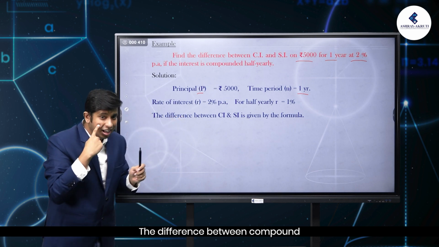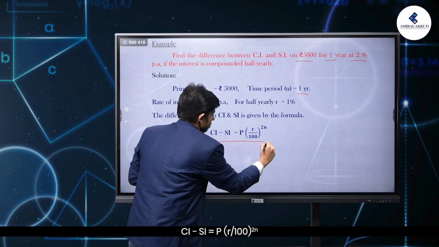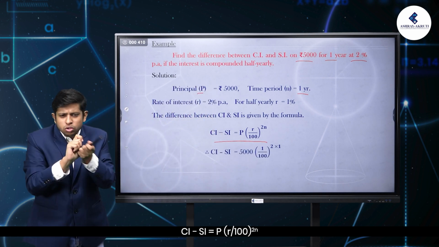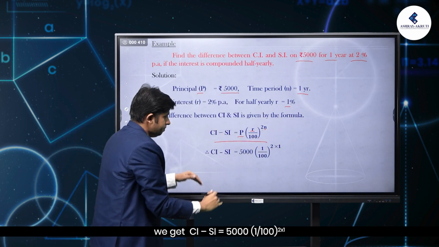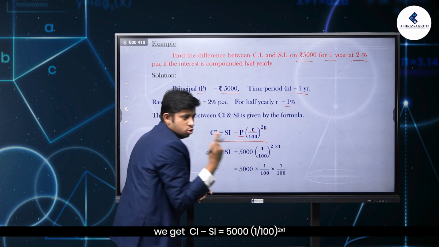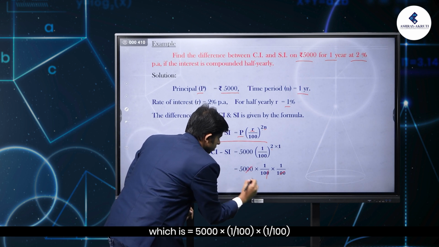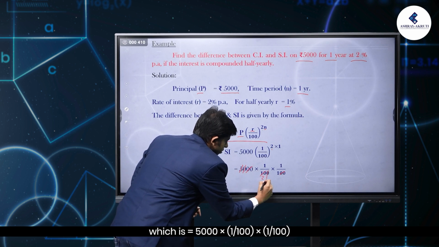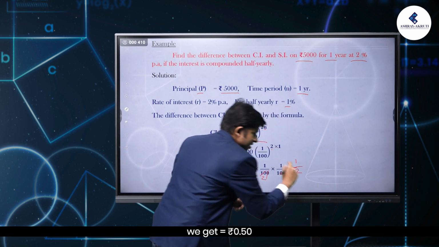The difference is given by the formula CI minus SI is equal to P into R by 100 whole power 2n. By substituting the values, we get CI minus SI is equal to 5000 into 1 by 100 whole power 2 into n, which is equal to 5000 into 1 by 100 into 1 by 100. Then by simplifying we get rupees 0.5.